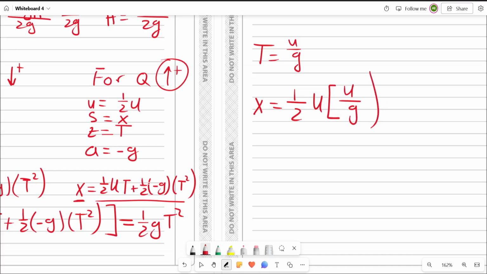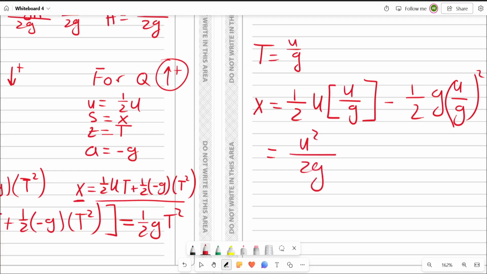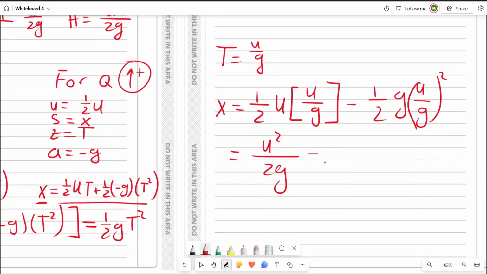And then plus times minus is going to become minus half g, and instead of t squared, we're going to put in u squared over g squared, or basically u over g all squared. Okay, so this is going to equal, u times u is going to be u squared over 2 times g is 2g, and then minus half g into u squared over g squared.